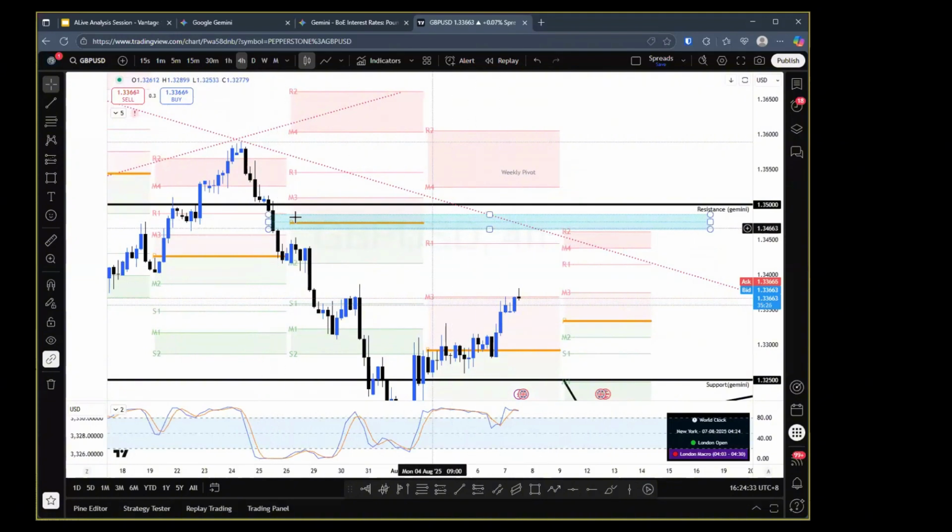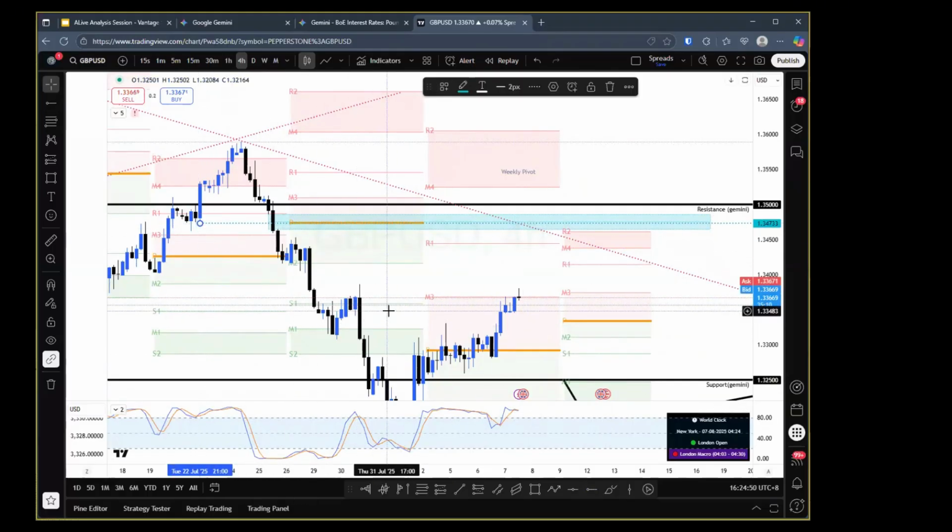So definitely an attractive price for sellers to sell around this area. Same thing, downward diagonal overlapping with a fair value gap, bearish fair value gap that broke a previous support.